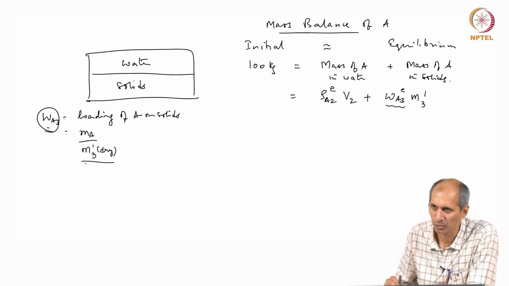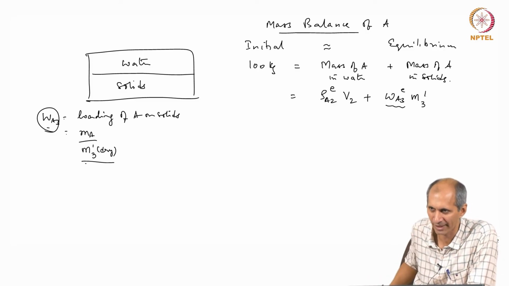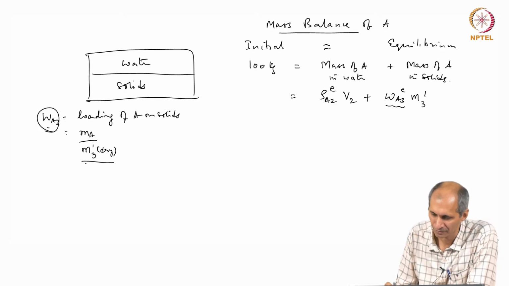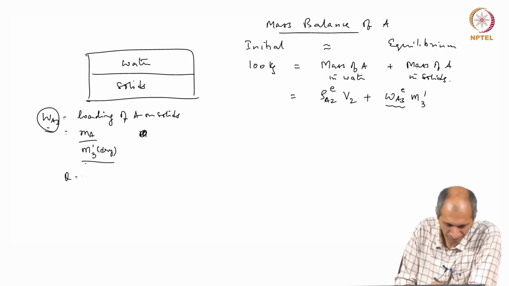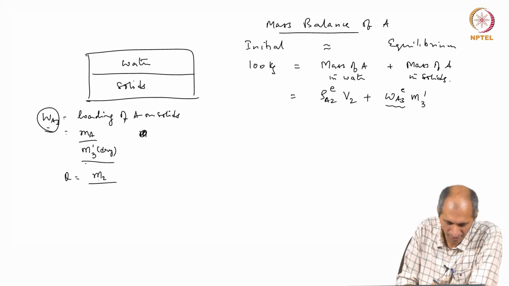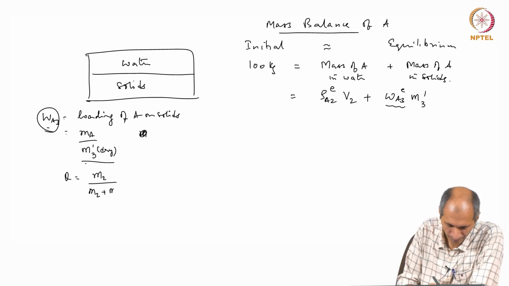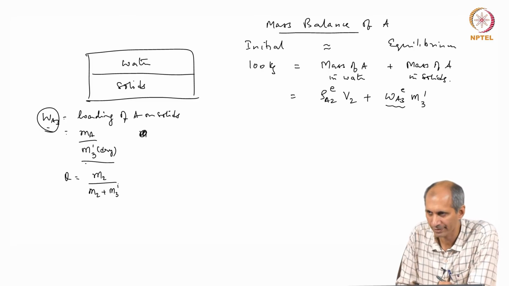Which means that here I have to put W3 dash. So, what is the definition of W3 dash? Here we have theta, which is M2 divided by the moisture content, M3 dash.